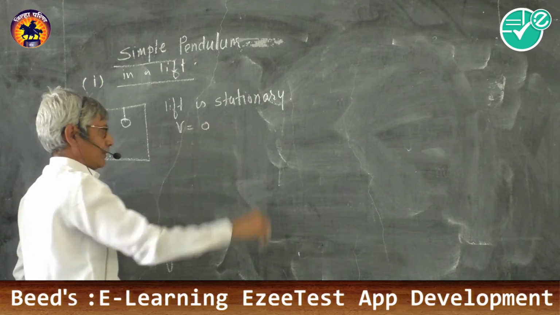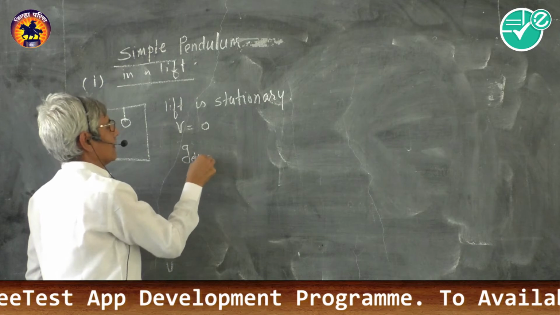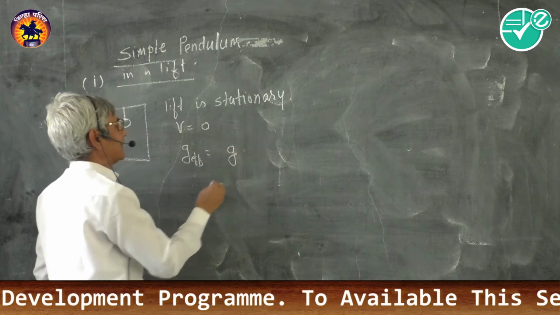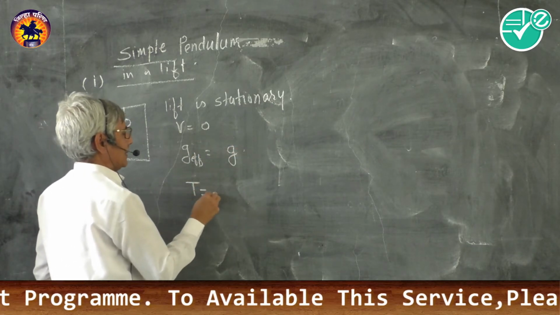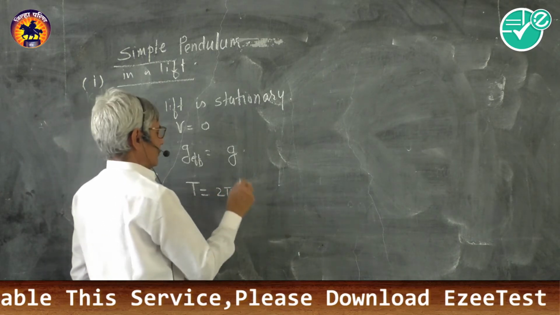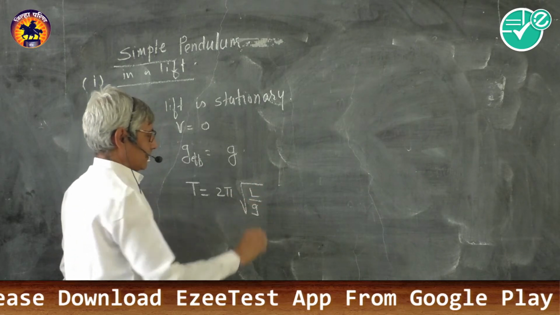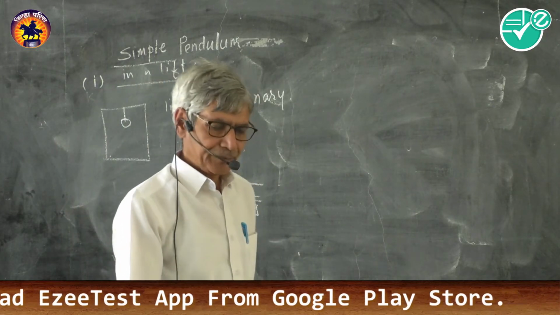That is, a equal to 0. The effective acceleration will be equal to acceleration due to gravity, and the period of the simple pendulum in this situation will be equal to 2π under root L by g, where L is the length of the simple pendulum.